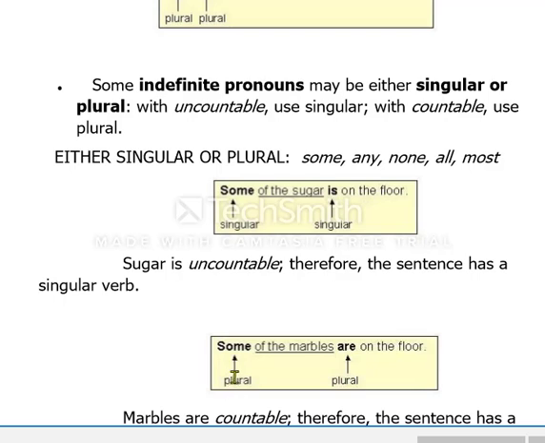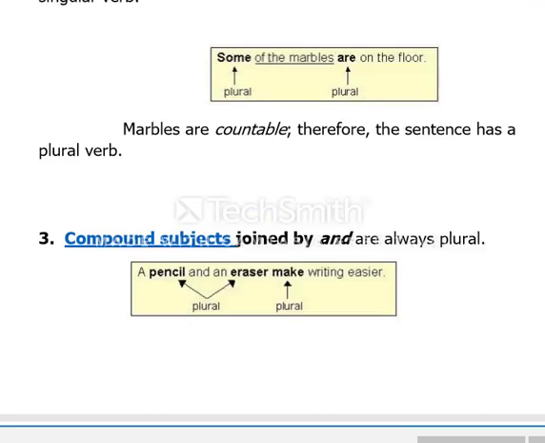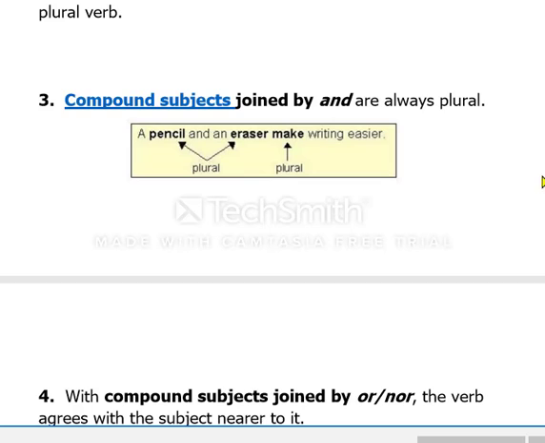These two are basically singular nouns, but because of the addition of and, a conjunction, they will be treated as plural form. When two singulars combine with and, they become plural, and now you will use a plural verb as well. A pencil and an eraser make writing easier.